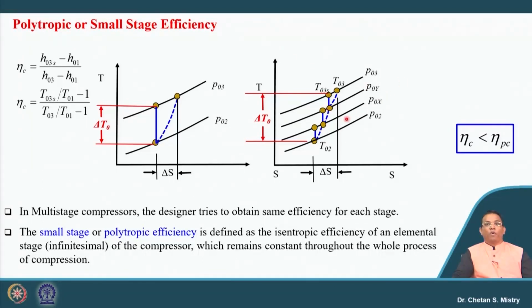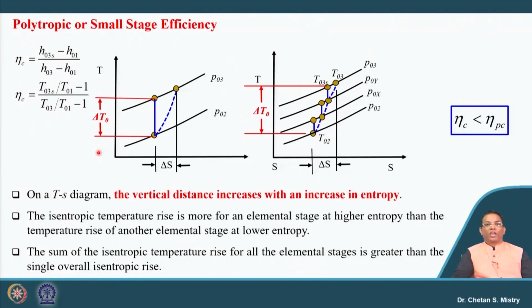Here, the efficiency we are defining is the polytropic efficiency, and here this is representing my isentropic efficiency. Okay. So, if we look at my vertical distance, it will be increasing with the increase of entropy. So, the summation of all my isentropic temperature rises will be greater than that of my single stage. So, let us try to analyze what is the use of this information.